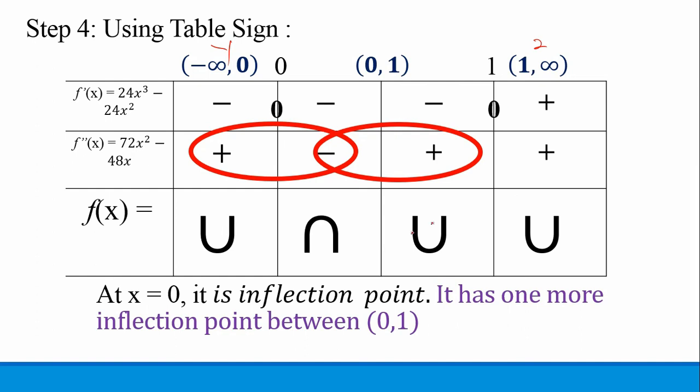For the interval from 0 until 1, the middle may be 0.5, but I just take the nearest ones, let's say 0.2, and this one 0.9. Maybe it can also be 0.1, because this depends on you and how you want to choose the value.